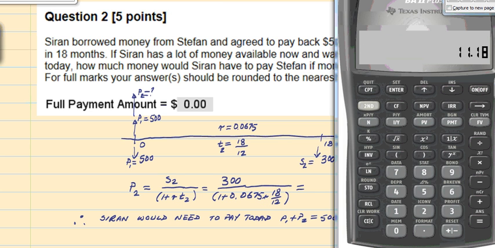So if we go to the calculator, we have $300 divided by bracket 1 plus 0.0675 times 18 divided by 12 bracket, equal.